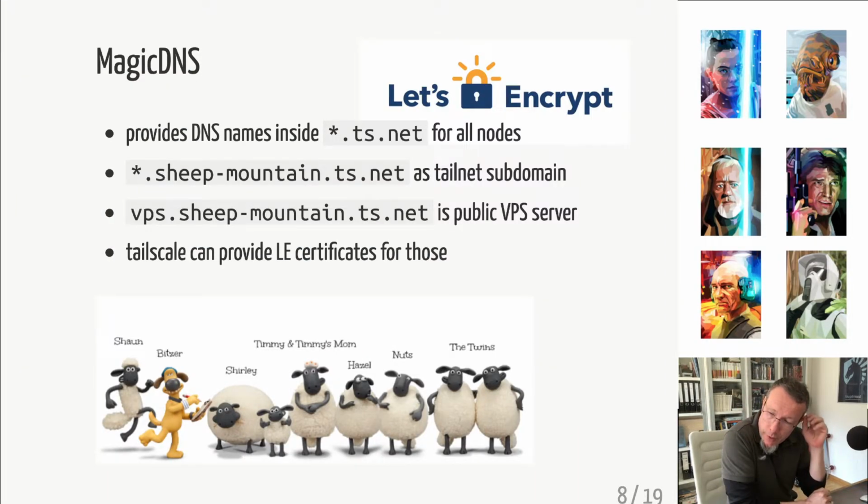So now we have a network, our tailnet, which works globally without public IP addresses. What else can we do with Tailscale? One feature that Tailscale offers is Magic DNS, they call it, which means they can provide domain names for your tailnet nodes. And they give you a subdomain inside the ts.net domain, which you can select.